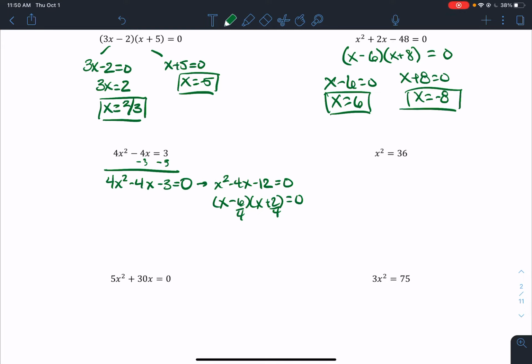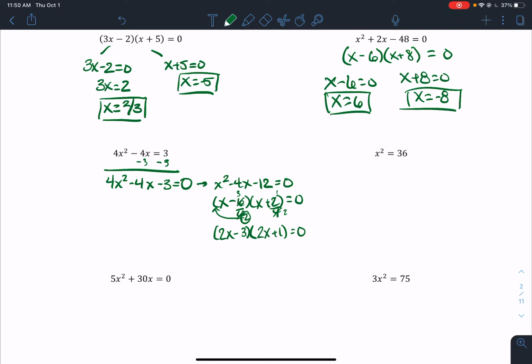All right, so I'm going to divide the 4 out that I multiplied in earlier. So if I divide it by 2, that's 3 halves. The 2 slides back up. So 2x minus 3, and 2x plus 1 equals 0. So 2x times 2x is 4x squared.